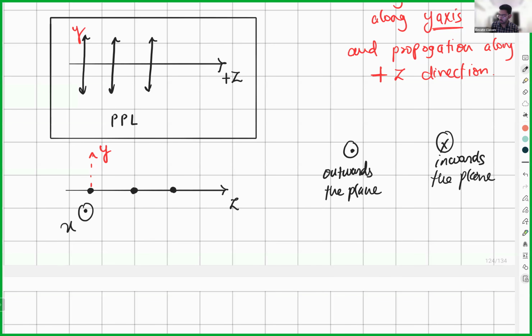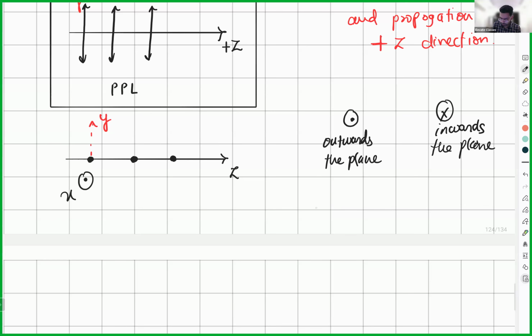Also, you can have something like this. A plane polarized light propagating along the z direction and electric field oscillations in the inward direction.